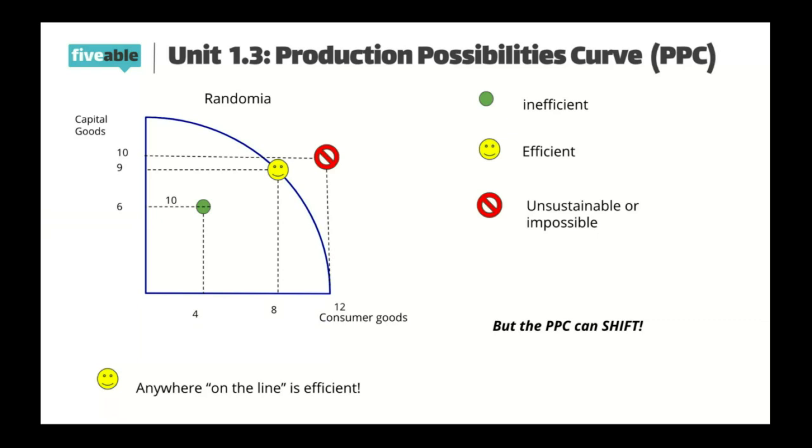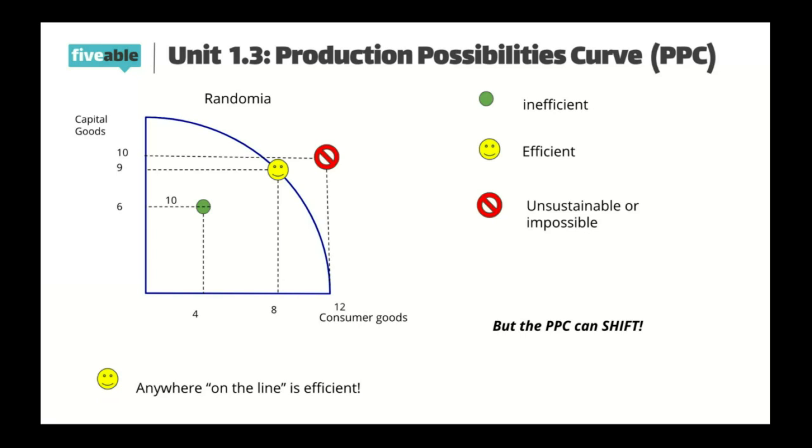This is why you have nations like the United States or Great Britain, or even China at this point, really starting to move into capital goods production. Why? Because they can get their consumer goods produced in other developing nations, so that they can focus on capital goods.